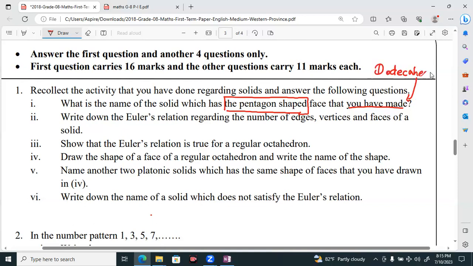Write down Euler's relationship regarding the number of edges, vertices, and faces of a solid. You should have learned Euler's relationship in grade 7 also.